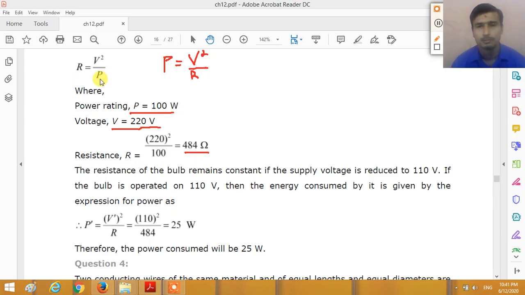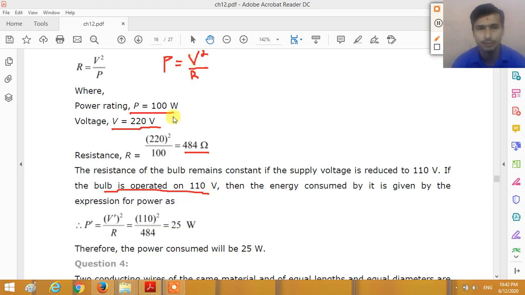Now, how do we calculate the power consumed by the appliance? With the help of the same formula, P is equal to V square by R. But here we take the voltage at which the bulb is operated, 110 volt.